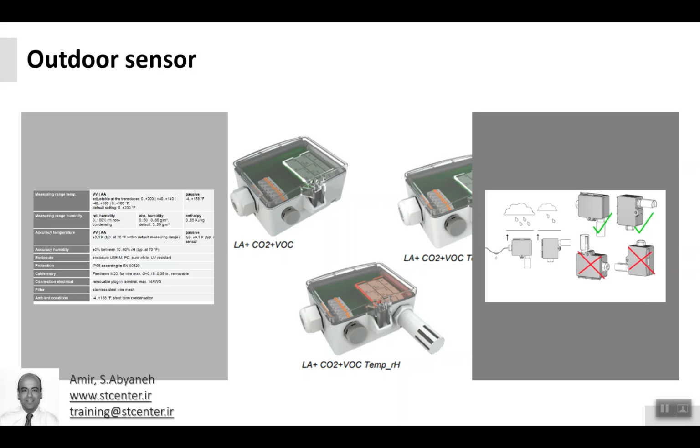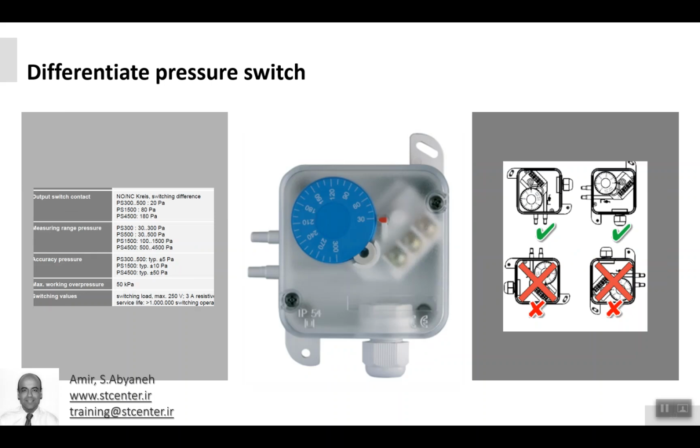Sometimes we can use the outdoor sensor to read the temperature plus humidity of the outside. Sometimes we can also read other data like carbon dioxide and so on. You remember before and after the filter we need the differential pressure switch.